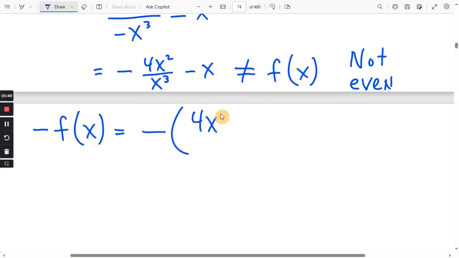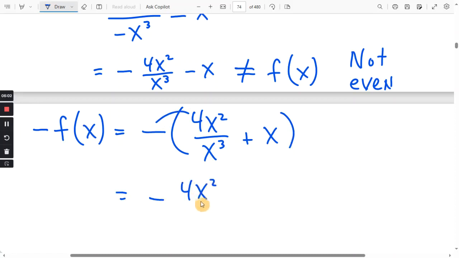Distributing the negative, we have negative 4x squared over x to the third. Distributing the negative to the positive x, we have negative x. So this right here is negative f of x.